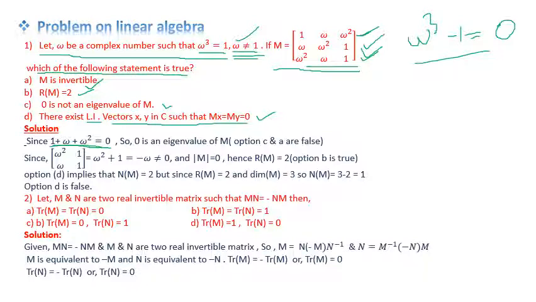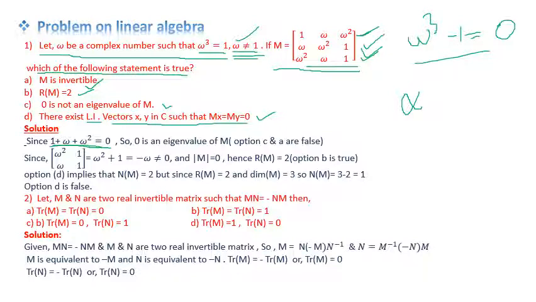And there is a short note that if the sum of each row or each column equals to some element, suppose alpha, then alpha will be the eigenvalue of that matrix. If the sum of each row of a matrix is alpha, then alpha will be the eigenvalue of that matrix.